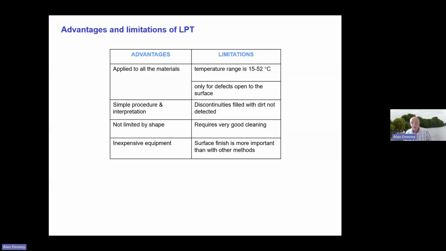You have to make sure that the surfaces are clean. It does require very good cleaning, and it also requires a fairly good surface condition. It's not limited by shape, so it has benefit over MPI in that respect. The equipment is truly inexpensive. It's 3 aerosols and a lot of rags, but I've already mentioned the issue of surface finish.